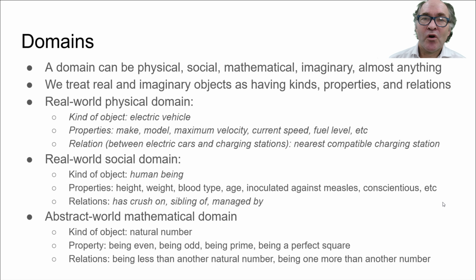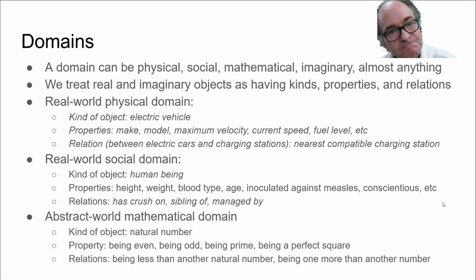So a domain of discourse can be mathematical, it can be imaginary, it can be social, it can be chemical, it can be fluid flows. In some sense, what we do in computer science is we go out and try to understand a domain and then build symbolic representations of that domain that can be manipulated automatically in the memory of a computer. Then the computer manipulates those symbols, and we interpret the result of those manipulations as also corresponding to what's in the domain.